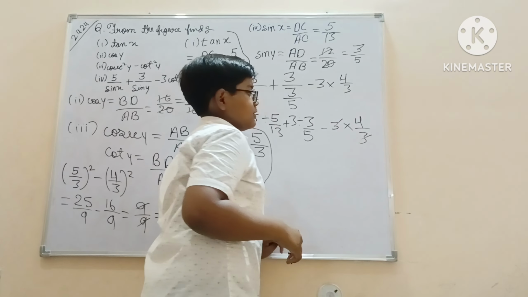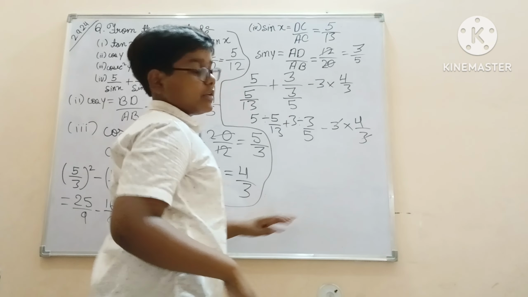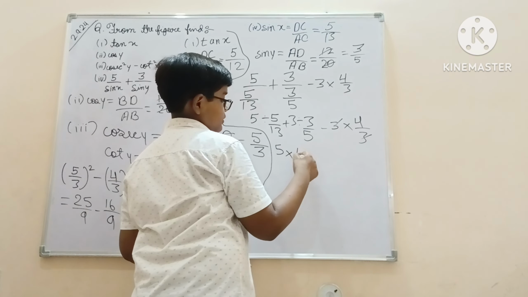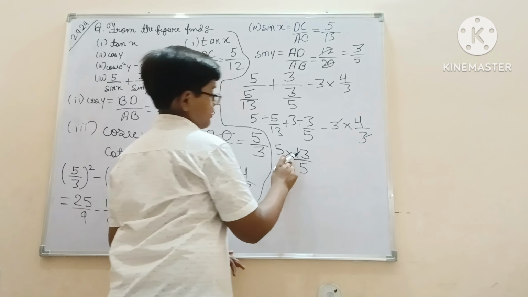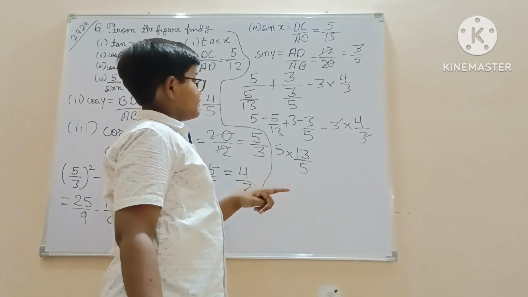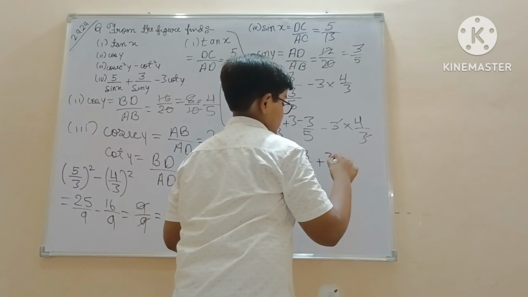So 3 and 3 will be cancelled and there will be minus 1. Minus 1 into 4, which will give us minus 4. And here we will take the reciprocal of this, which will be 13 by 5, and in between we will multiply, because there is division and we have taken the reciprocal, so it will become multiplied.